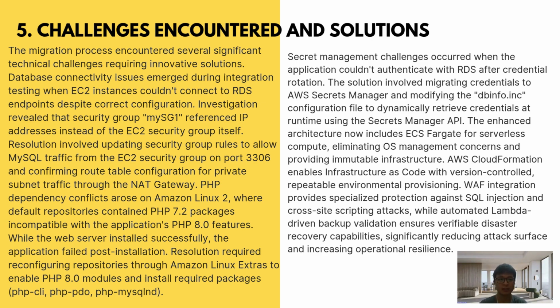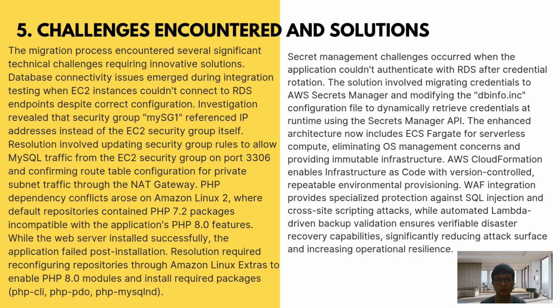So we move on to challenges encountered and solutions. The migration process encountered several significant technical challenges requiring innovative solutions. Database connectivity issues emerged during integration testing when EC2 instances couldn't connect to RDS endpoints despite correct configuration.